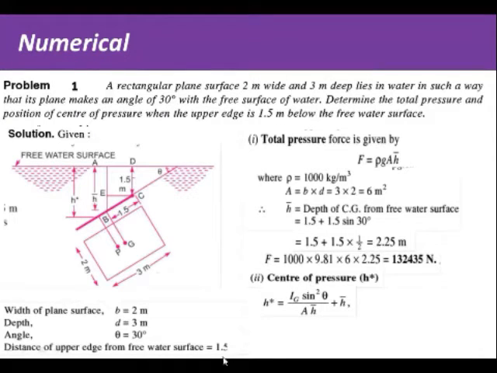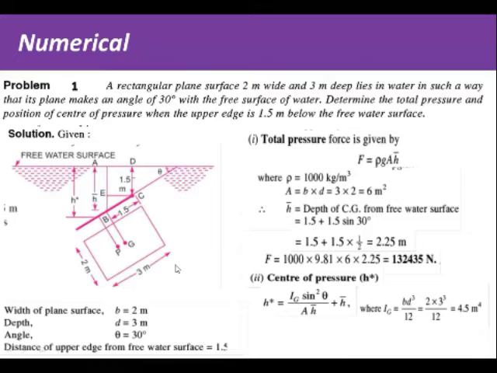Remember this Ig is nothing but b d cube upon 12, where b is the parallel side. You can see this is your point G. If you take the perpendicular to the paper, that becomes the direction of the axis. This is the location of axis. So the parallel side to the axis is 2 meter and the perpendicular side is 3 meter.